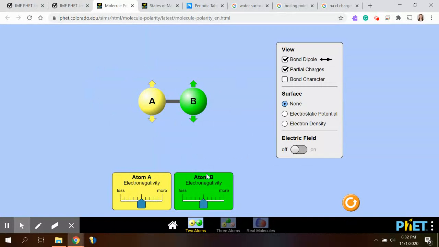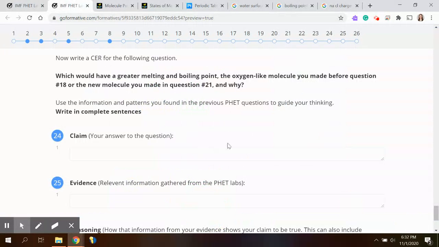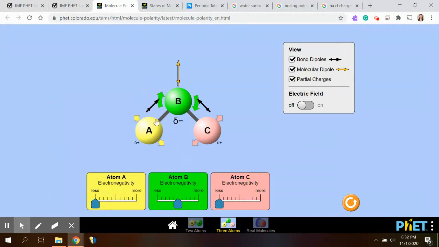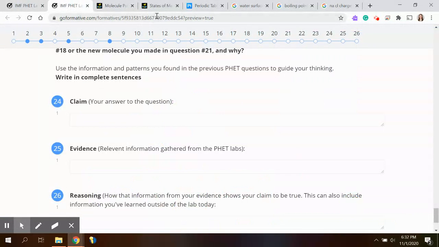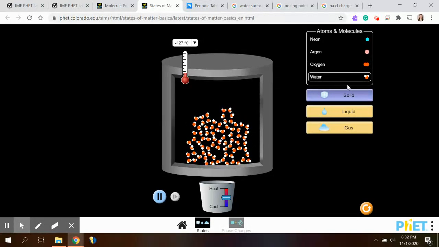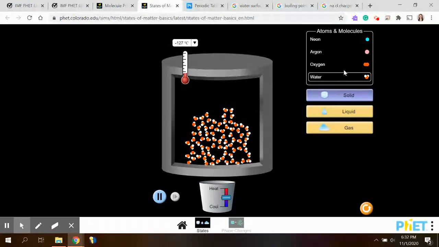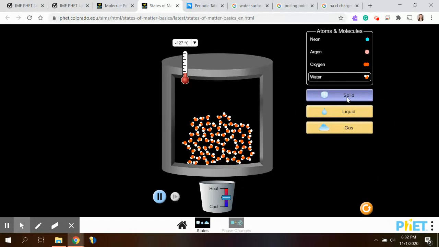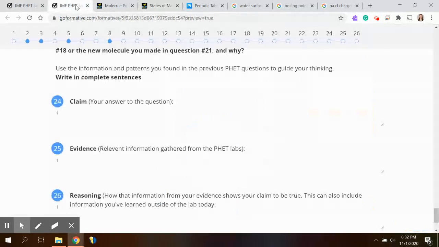It is just neutral and neutral. Do you think that one would want to form bonds in the same way that this guy does, this one that's more like water? So if you think back to this PhET lab, oxygen versus water, which one of those required more heat, more energy to change from a solid to a liquid and a liquid to a gas?